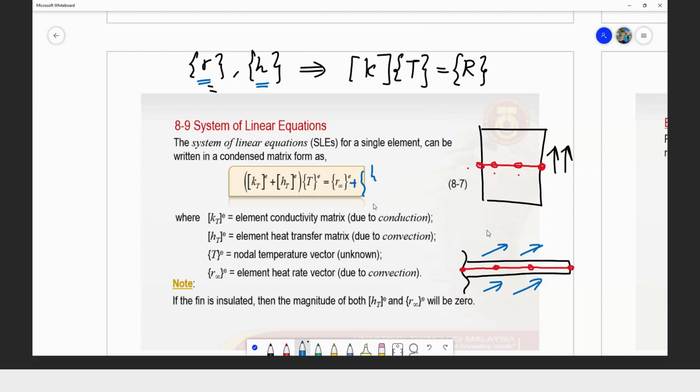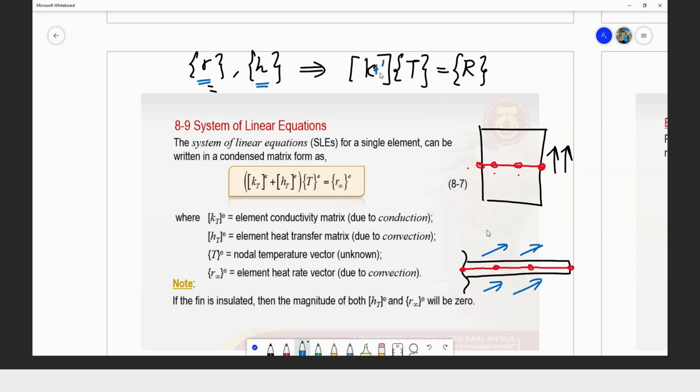But to simplify the process, in this example we add the effects of the convection straight away in the R, and include it in the H matrix. Sorry, in the H matrix. So for our system of linear equations, because convection occurs everywhere, we have to modify all the K values.